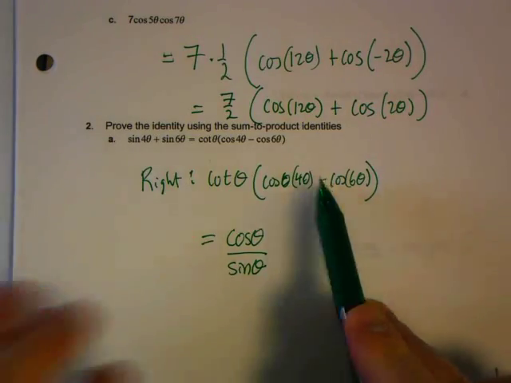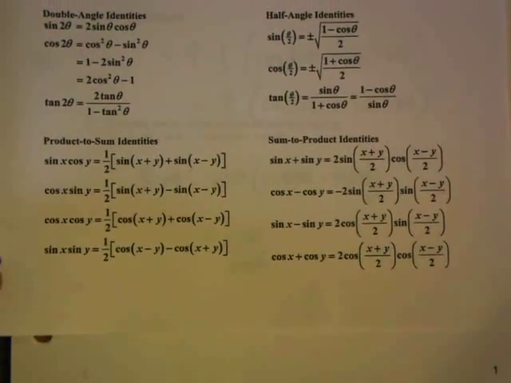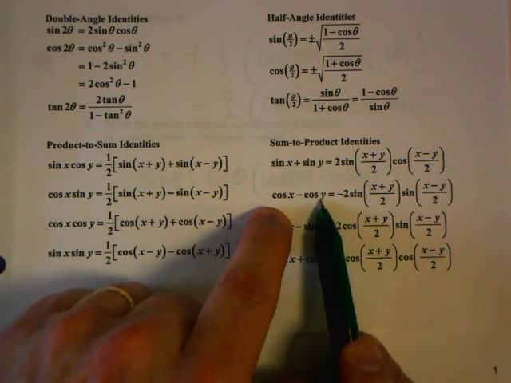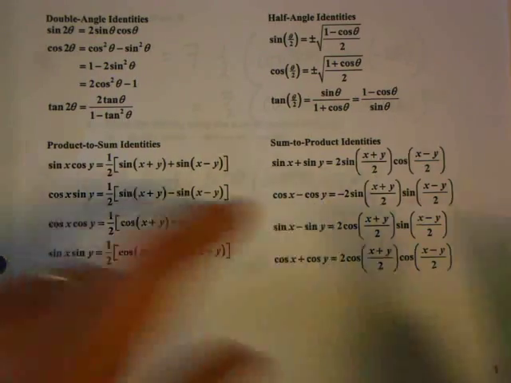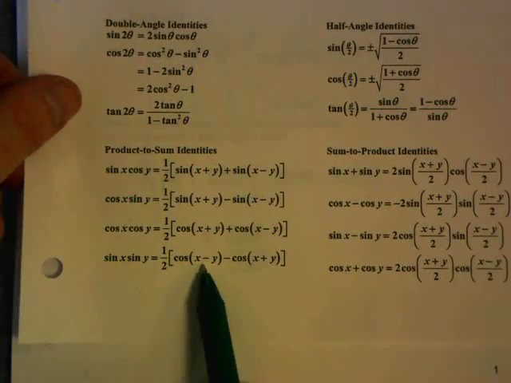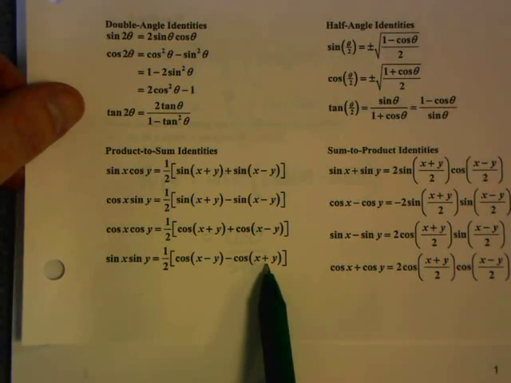So I'm looking for the one that has cosine minus cosine. Here's the one that has cosine minus cosine, correct? We use the one over the right bottom left. This one? I'm not sure how I would use that one.